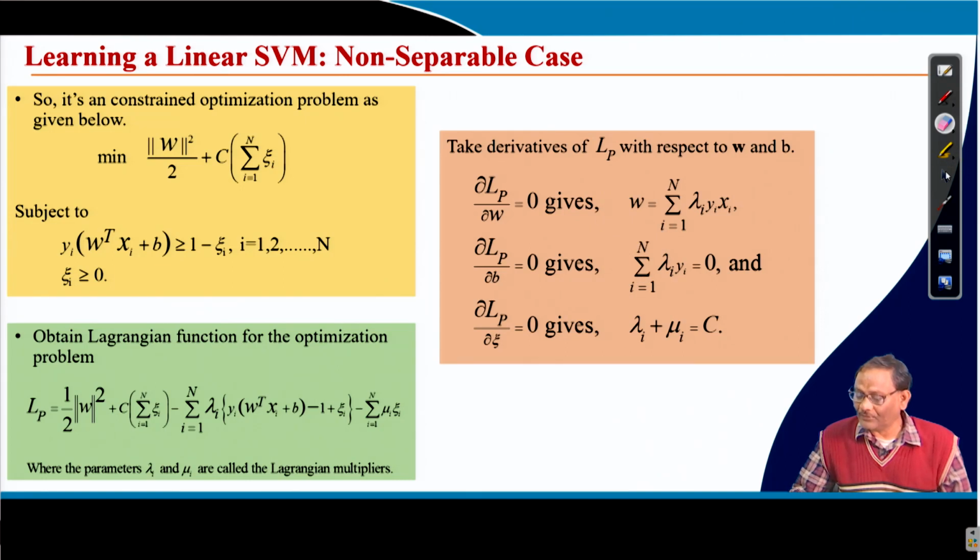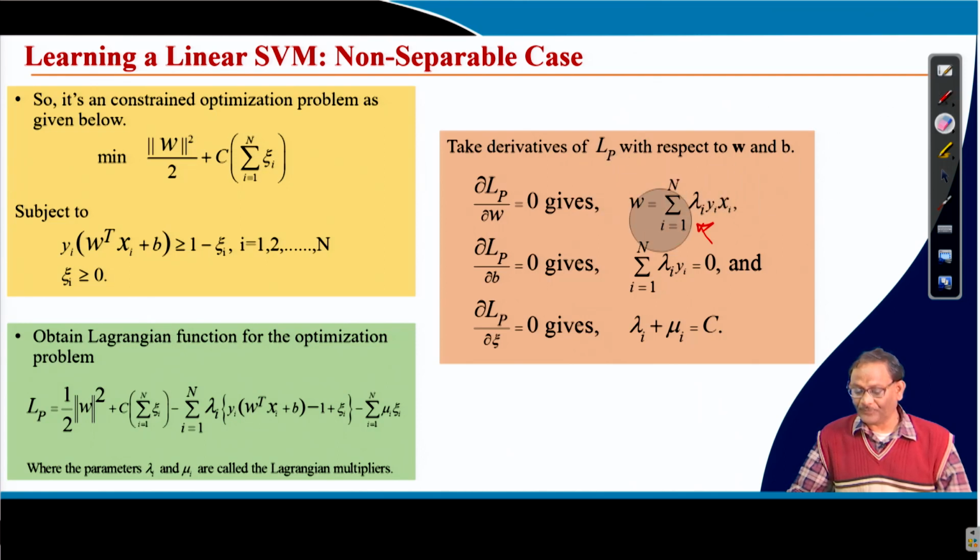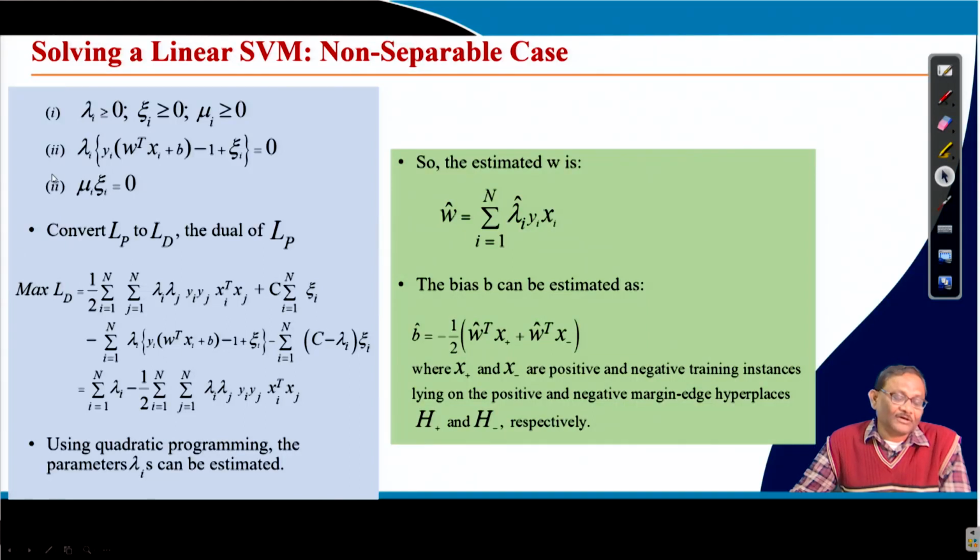You will not be able to estimate w, because w needs to be estimated and lambda is not known. So in order to know lambda, you have to follow a few more steps like the KKT conditions. Now the primal problem will be converted into the dual problem, and then finally quadratic programming will be used, and you will be able to find the lambda.